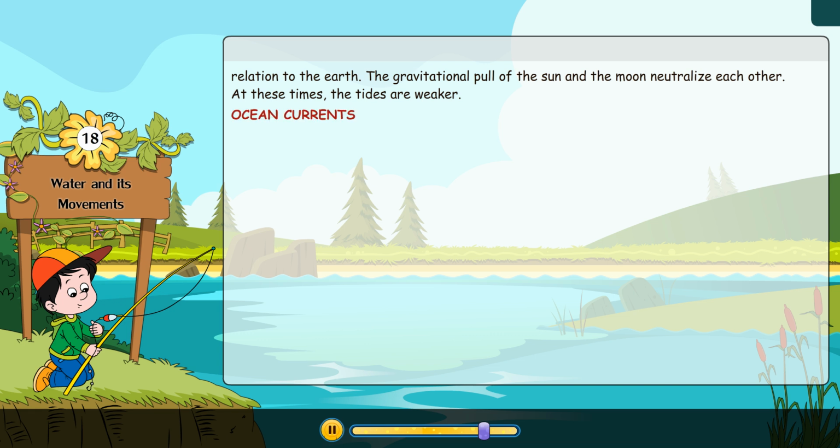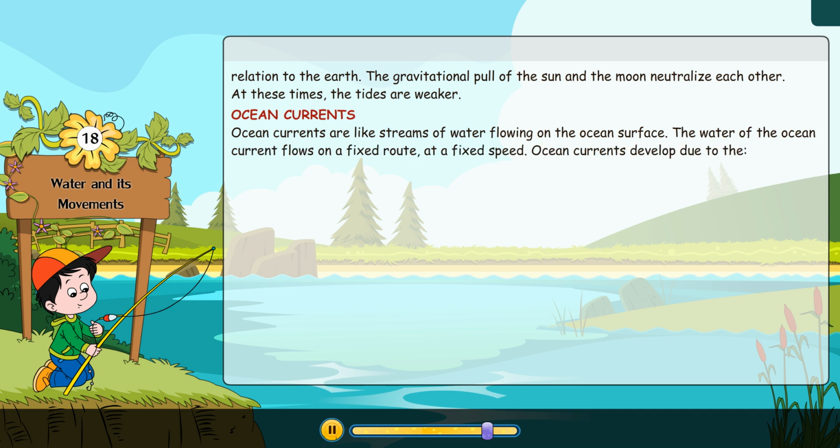Ocean current. Ocean currents are like streams of water flowing on the ocean surface. The water of the ocean current flows on a fixed route at a fixed speed. Ocean currents develop due to the 1. Variation in the temperature of ocean water. 2.